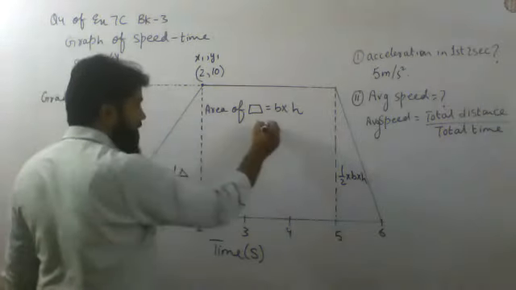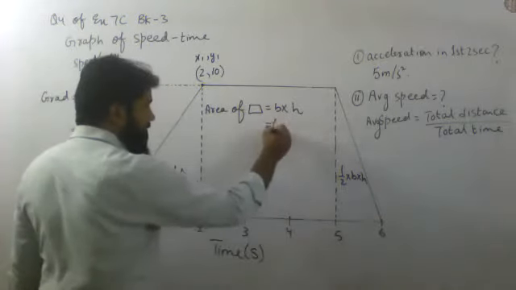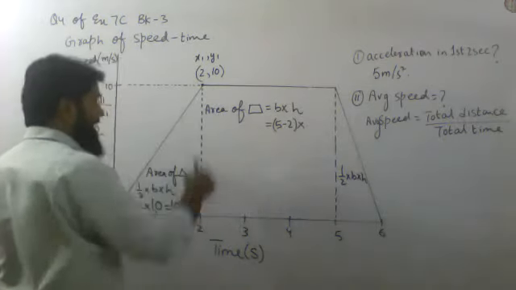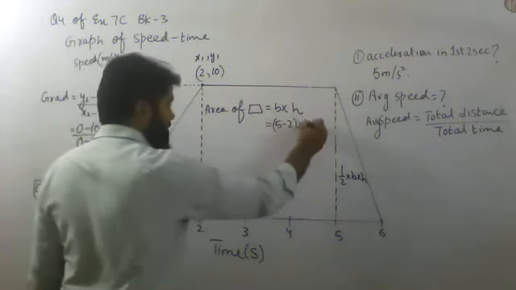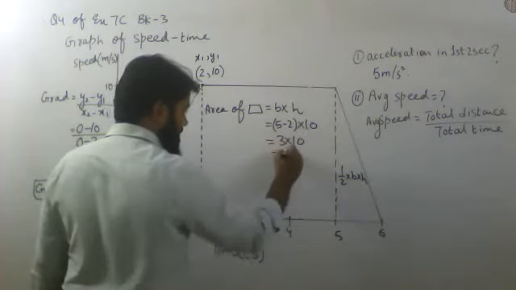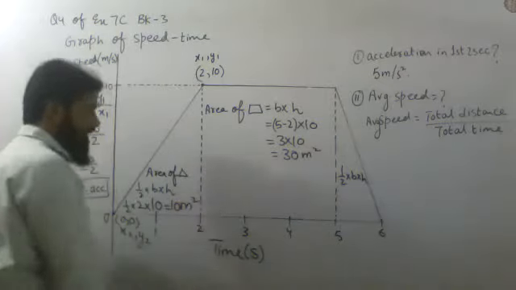Coming over here, base from 2 to 5, 5 minus 2 is 3, into height 0 to 10, 3 into 10, 30 meter square.